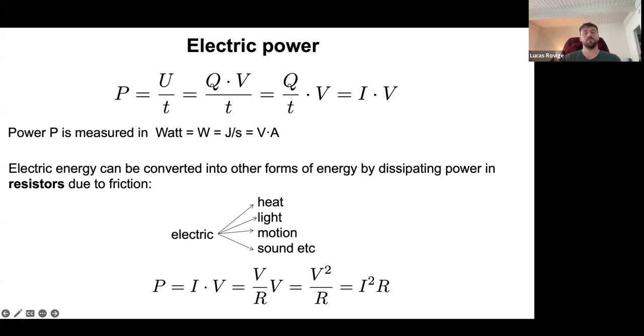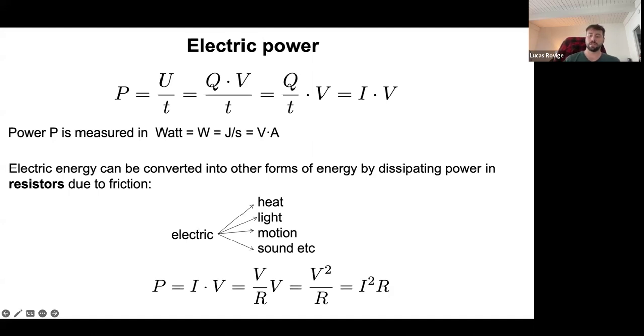Okay, so one of the main motivations for electricity and electric circuits is, of course, energy and power consideration. We're using electricity in our daily life to power basically everything. I mean, not everything.